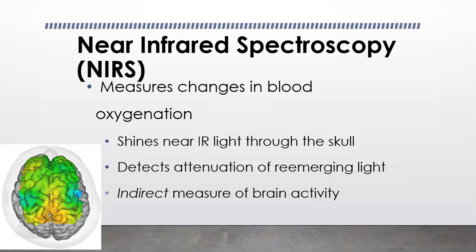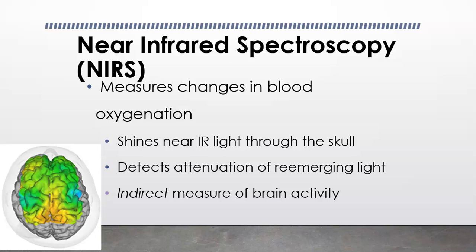What it does is it shines near infrared light through the skull, and by doing this it can detect attenuation of the re-emerging light. In other words, it's an indirect measure of brain activity, so you don't really get to see what's happening in real time like you do with an fMRI, but it does give an idea of what parts of the brain are getting more oxygen than others.